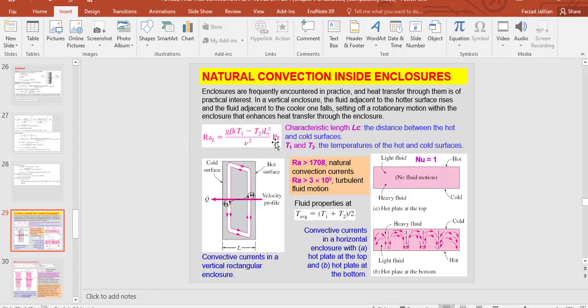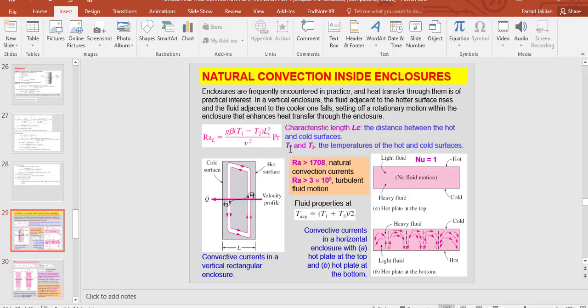For the enclosure, we should use this equation to calculate the Rayleigh number, and this LC, if you remember, is the characteristic length. We need that to calculate the Rayleigh number, which is the distance between the hot and cold surfaces for an enclosure.